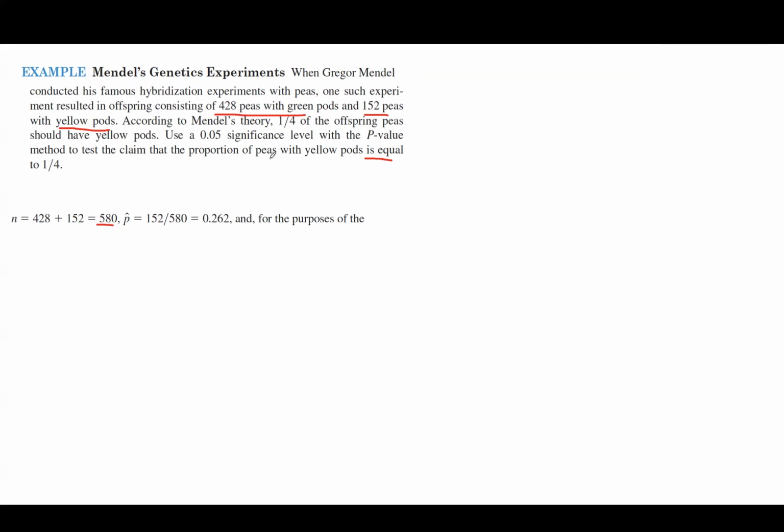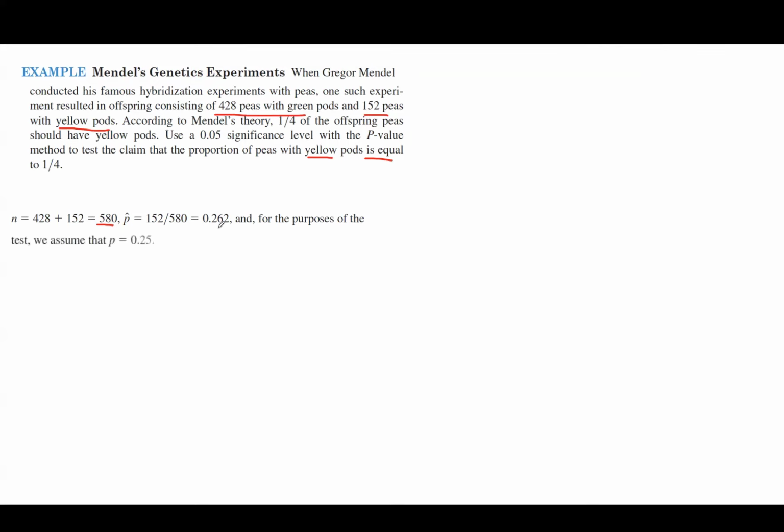Because the claim is the proportion of peas with yellow pods is equal to 25%. So we're going to use the sample with yellow pods. The number of yellow pods is 152 out of how many? Out of 580 in your sample. So that's how you end up with 0.262 or 26.2%.